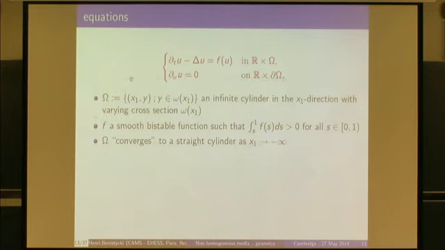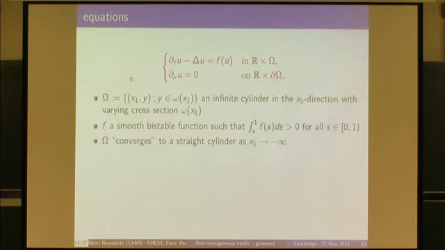So the framework we're going to use here is what I told you at the beginning. The most classical reaction-diffusion equation, ∂_t u − Δu = f(u), where f is bistable. But now we are looking at this, think of Ω as a domain with varying cross-section.